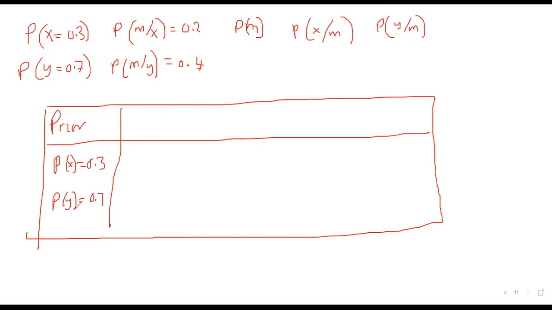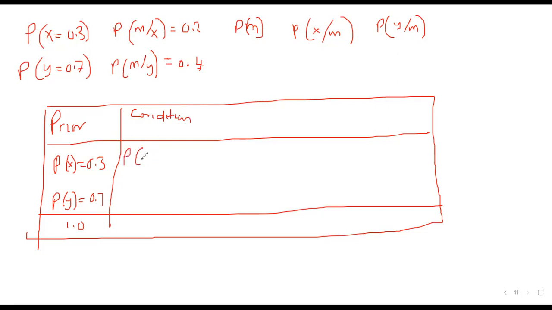So are they adding up to 1? Yes. And the conditional probability, what's our conditional probability? Probability of m over x, and that's 0.2. Probability of m over y, 0.4. And they're not adding up to 1. Okay. They don't always add up to 1, right?